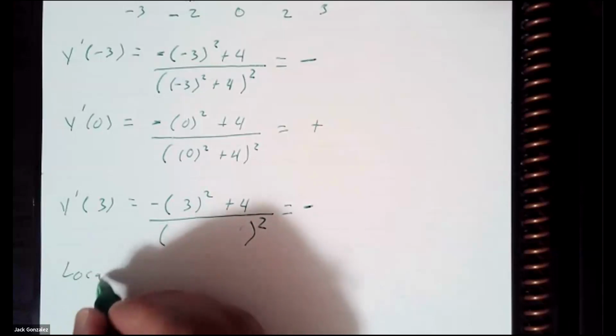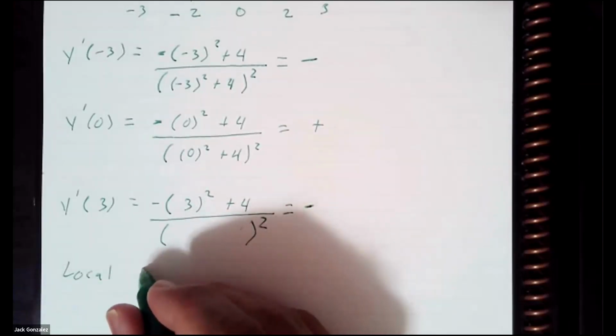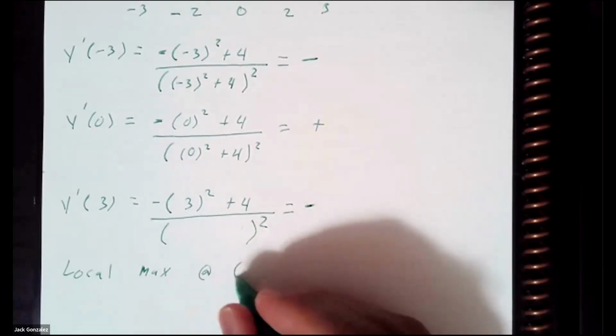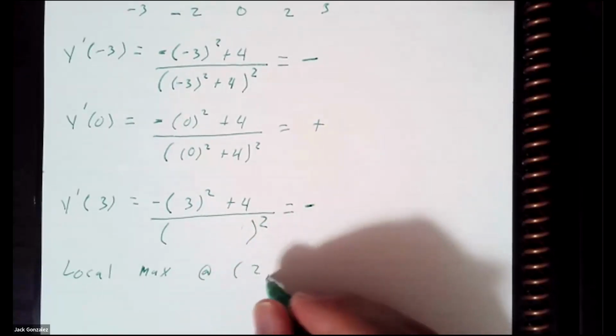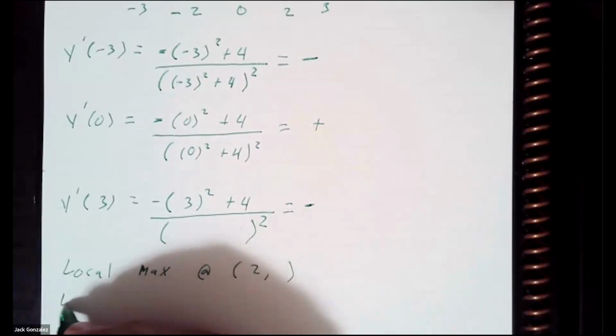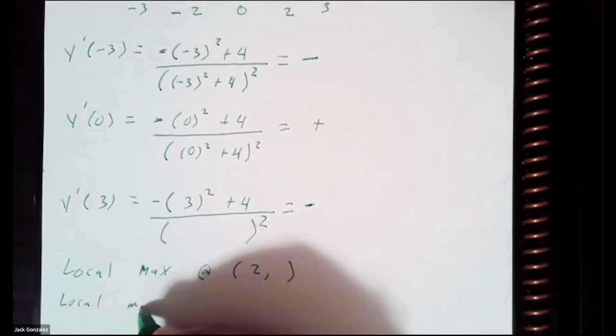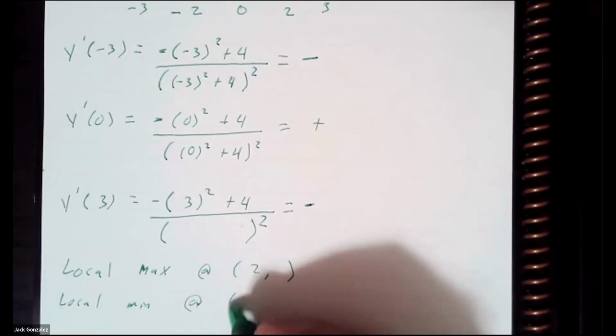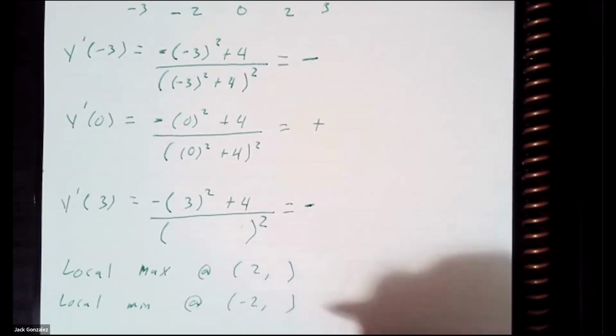So local maximum at 2 something, local minimum at -2 something.